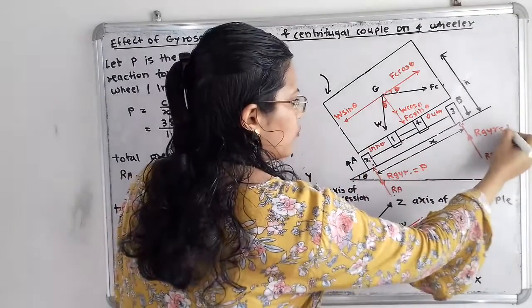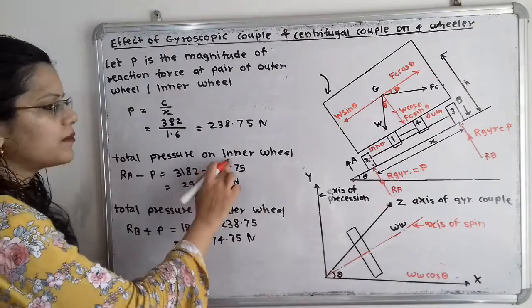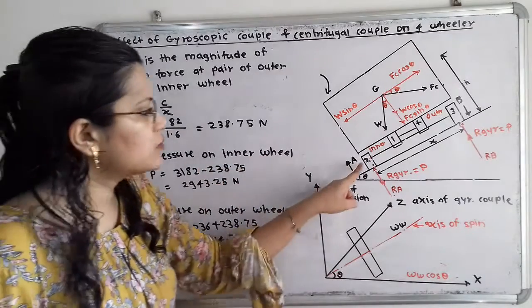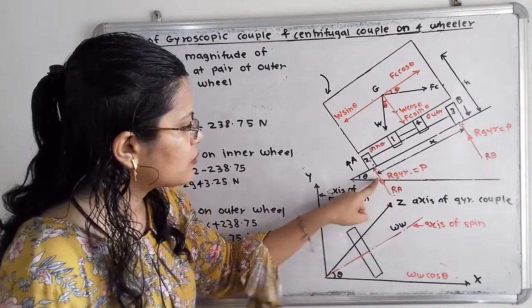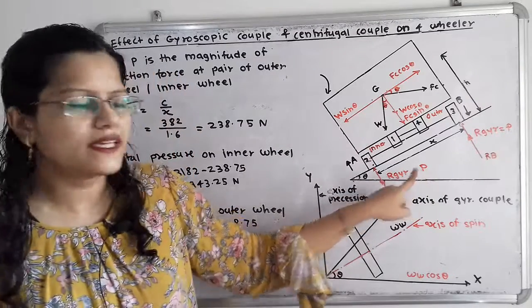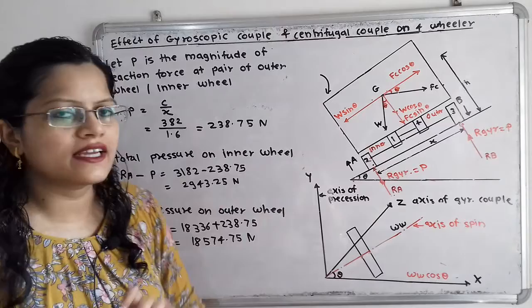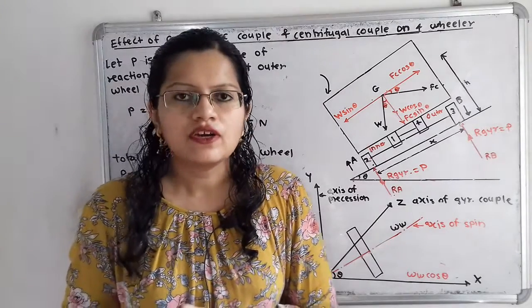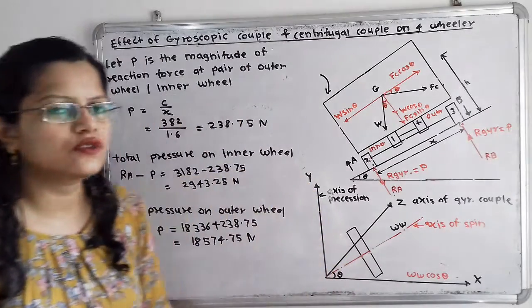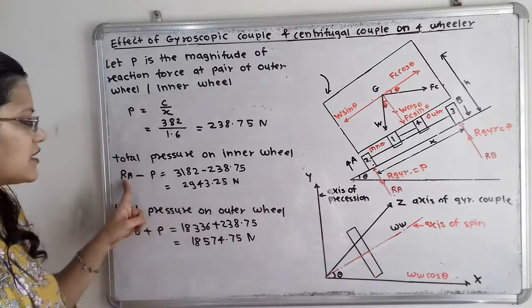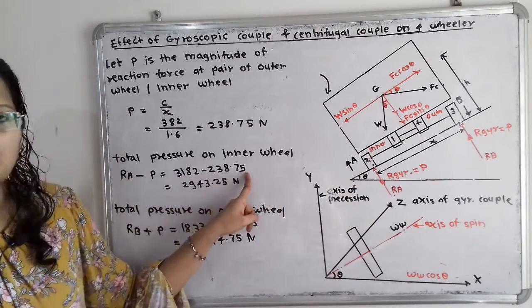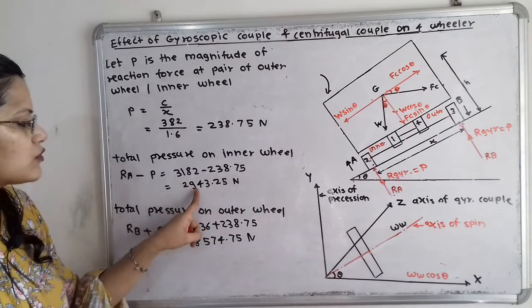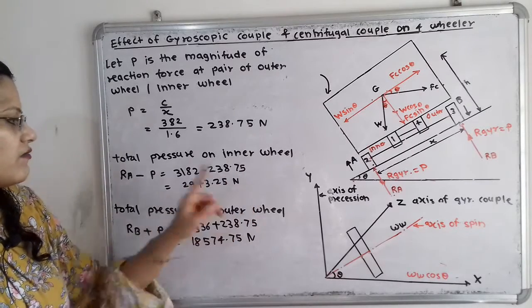Now we have to find out the total pressure on the inner wheel. If we observe, this R gyro, that is P, is in the downward direction and RA is in the upward direction. Both are in opposite directions, so we have to use subtraction, that is RA minus P, that is 3182 minus 238.75, which is equal to 2943.25 Newton.